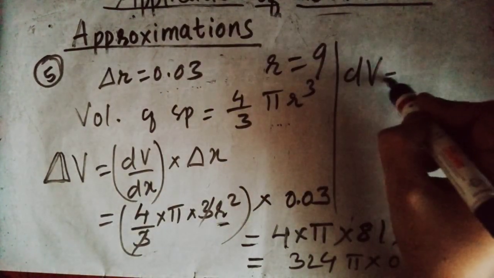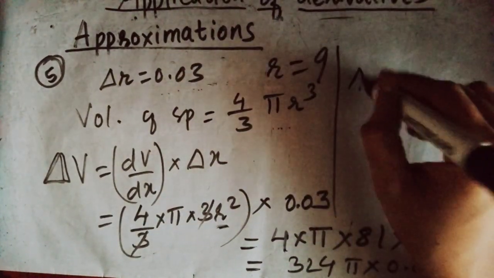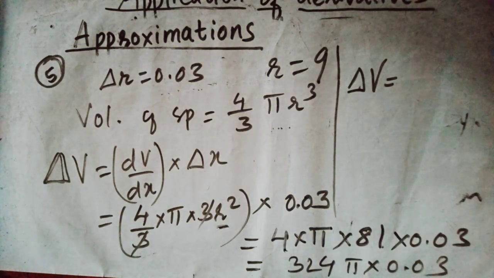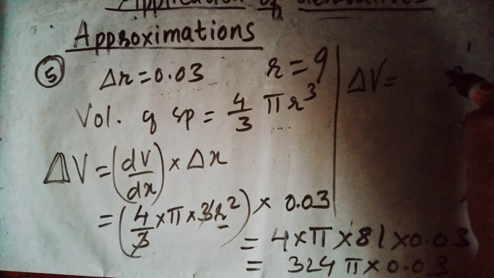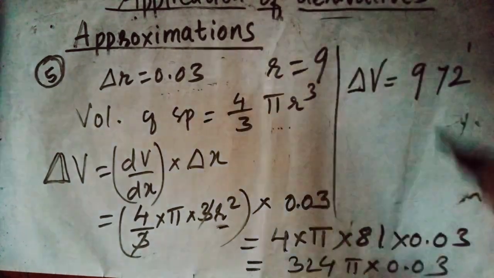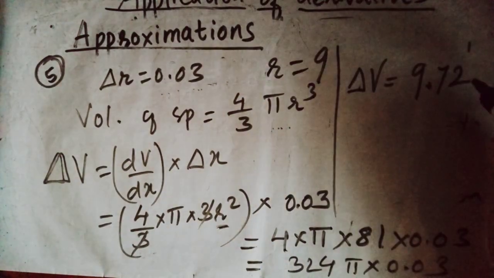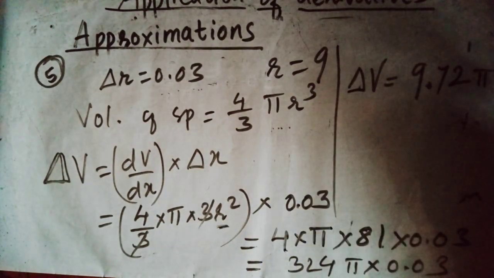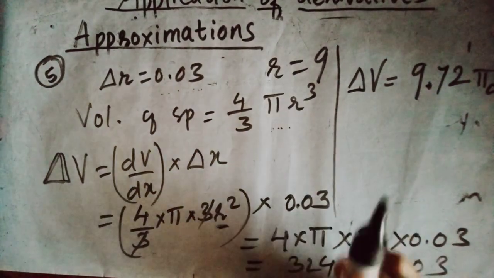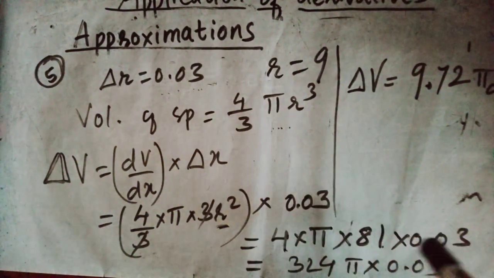Change in volume, delta v. 3 4s are 12. Point will be here. So 9.72 pi centimeter cube. This is the change in volume.